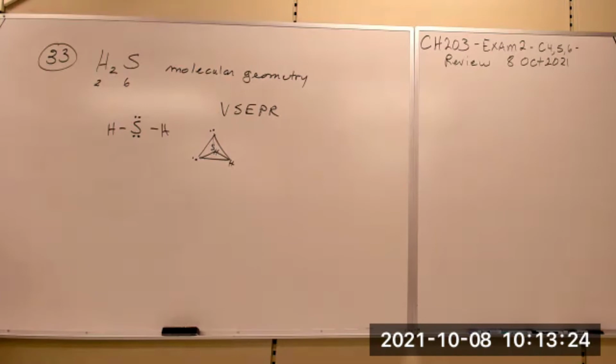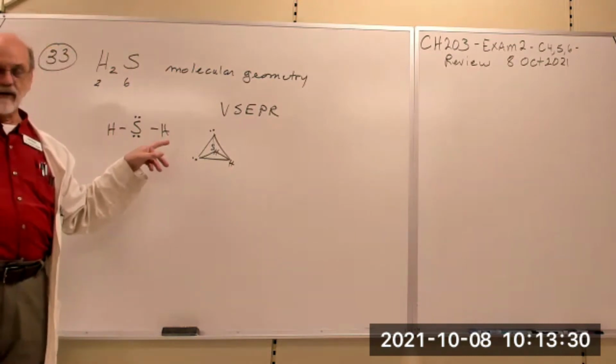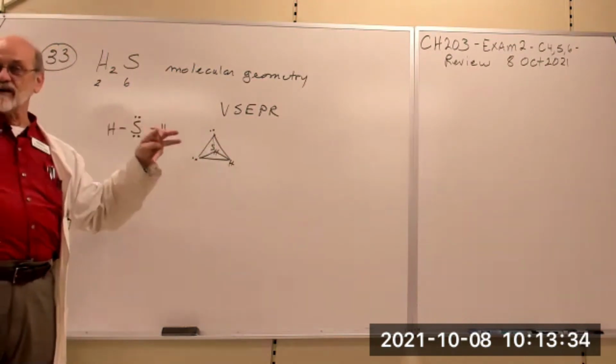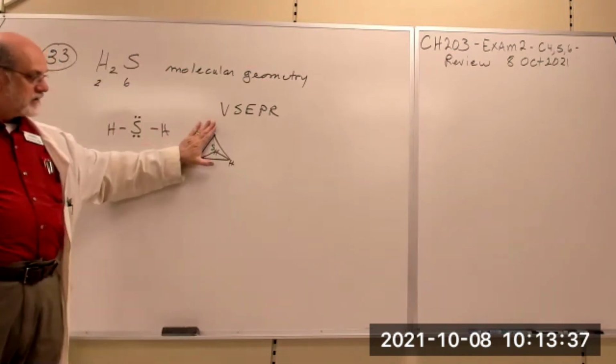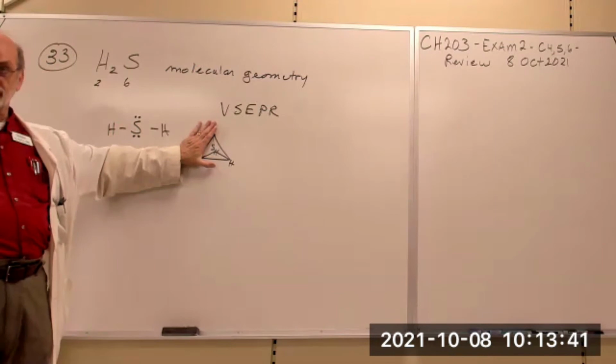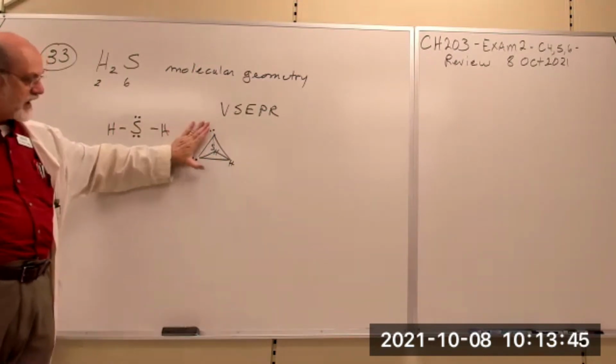That's a tetrahedron. Now, that doesn't answer the question. This is the electronic geometry, where you're considering all the electrons together. Molecular geometry is where you forget about those. Those lone pairs don't count in the molecular geometry. Now what do you have?